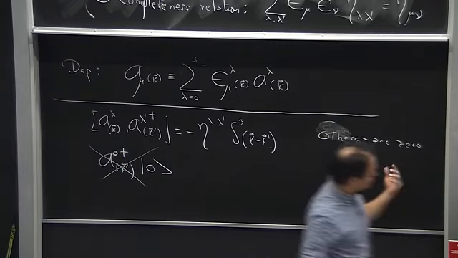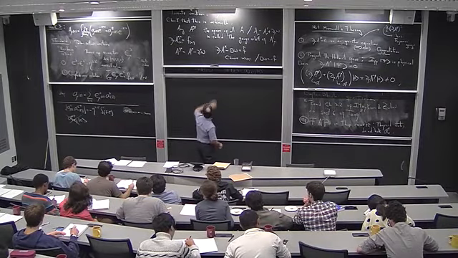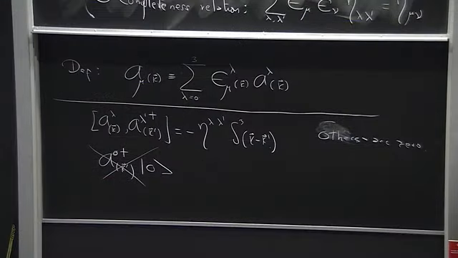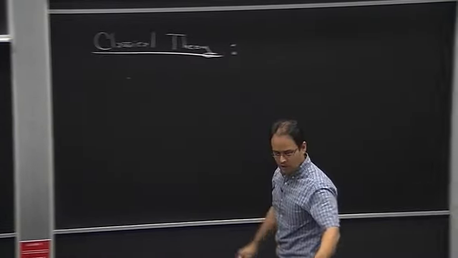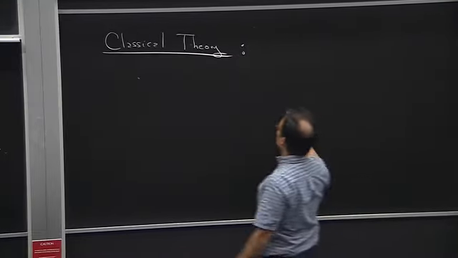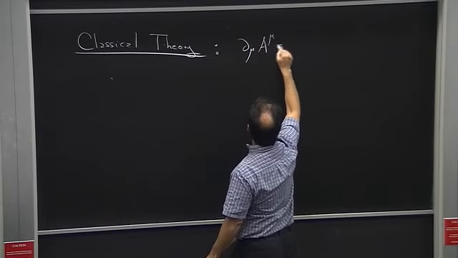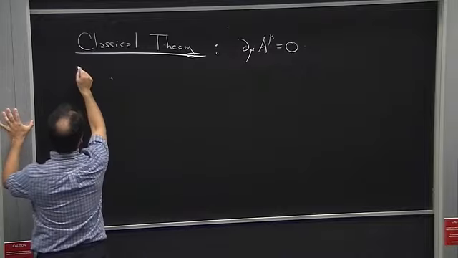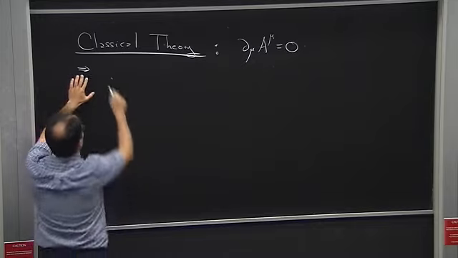Let's get some intuition from the classical theory. So let's go back to the classical theory. In the classical theory, when we impose this condition, this is now a condition that has to imply something in momentum space.